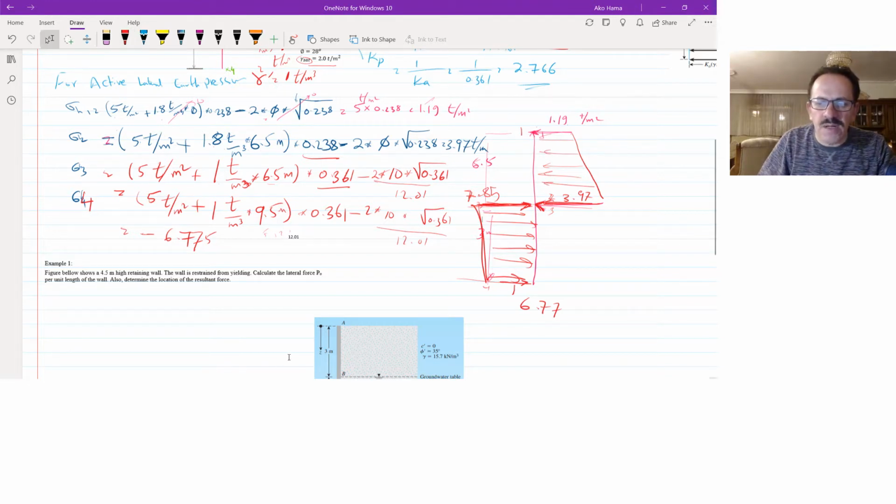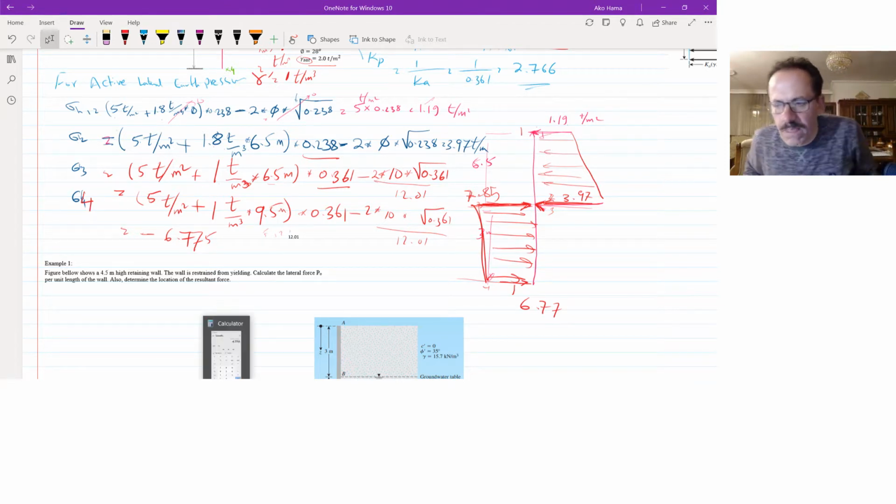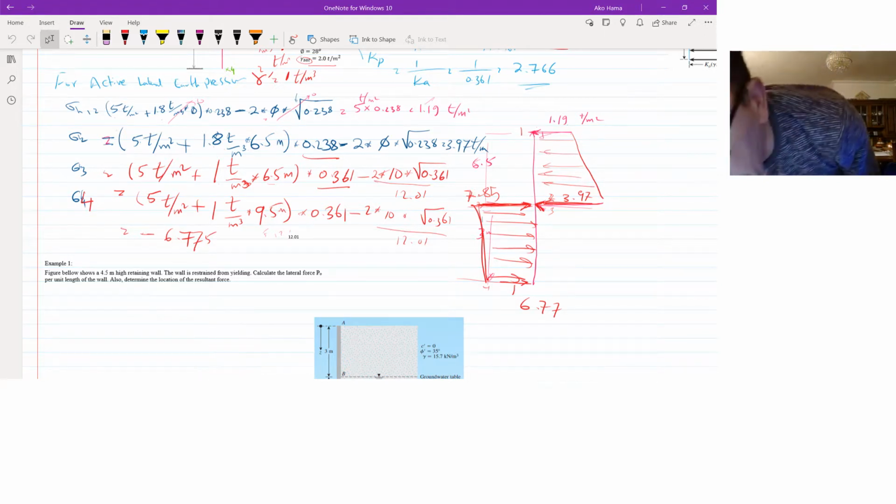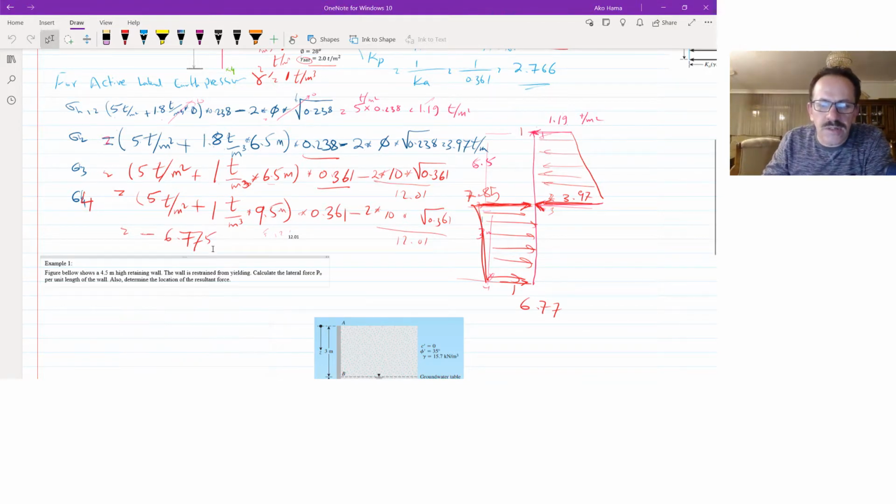By the way, we have to add another force, which is the force of the water pressure on the sheet pile.